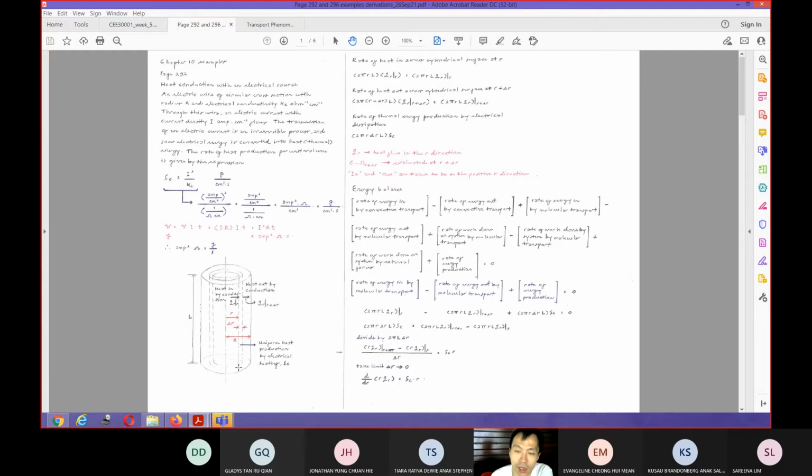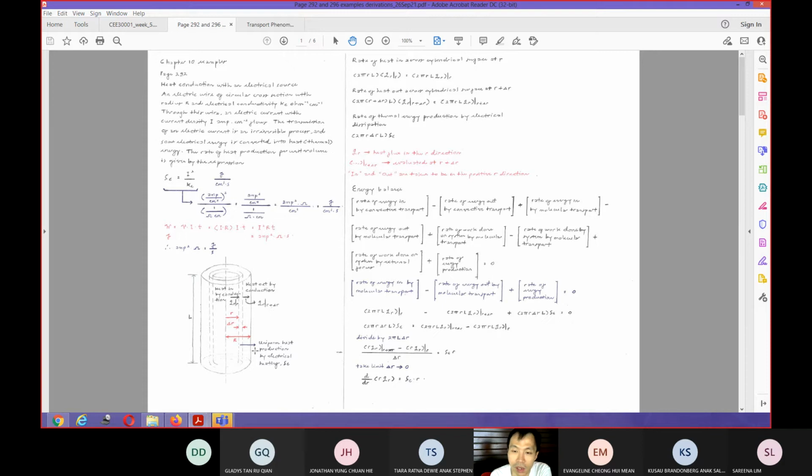Okay, so the shell should have a thickness of delta r. Once we draw the shell element with the thickness of delta r, then we can start putting in the heat in by conduction and the heat out by conduction, q_r at r, q_r at r plus delta r.